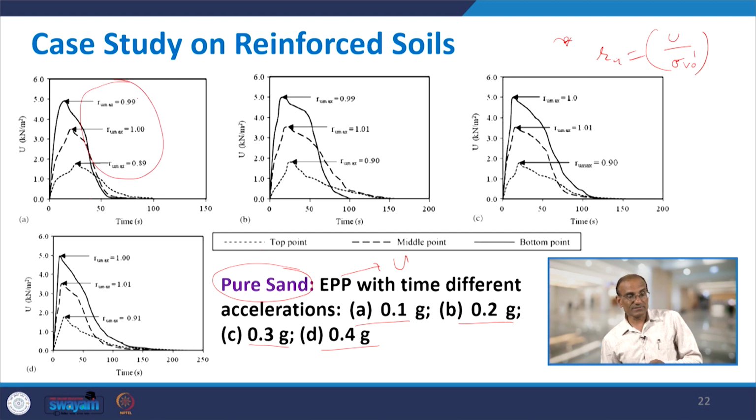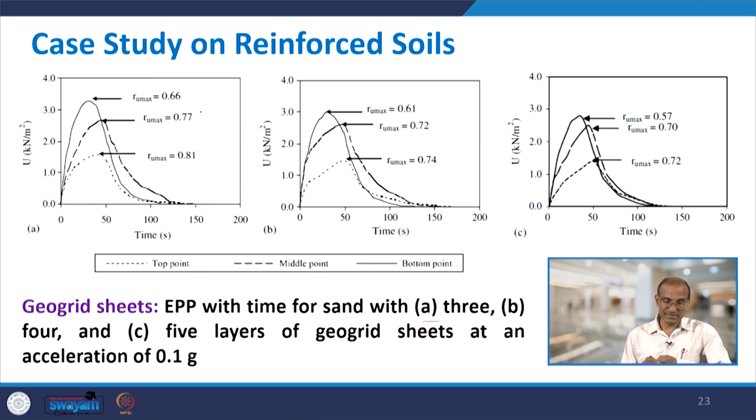You see that the peak values have come down from 0.99 to 0.66, then 1 to 0.77, and 0.89 to 0.81. Another thing is that the maximum value of RU max is at the top and the minimum is at the bottom. This kind of sequence occurs not only for 3 layers, but also for 4 layers and 5 layers. So the effect of putting in the reinforcement is similar.